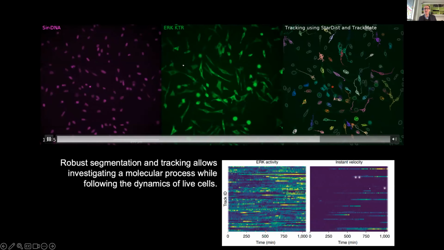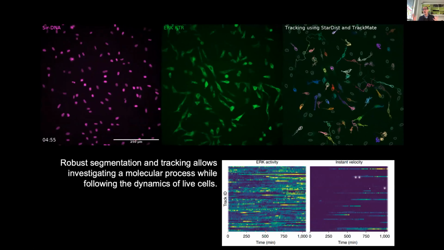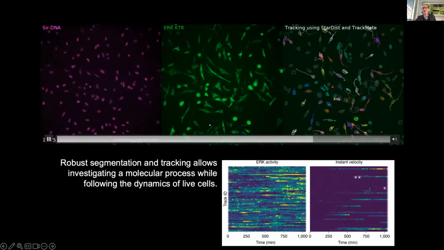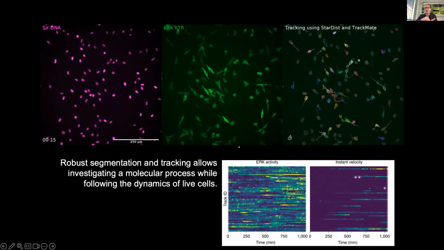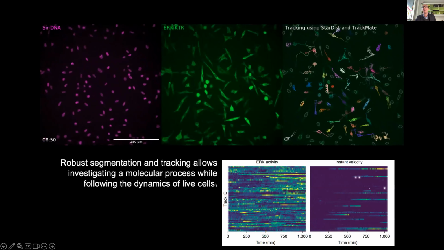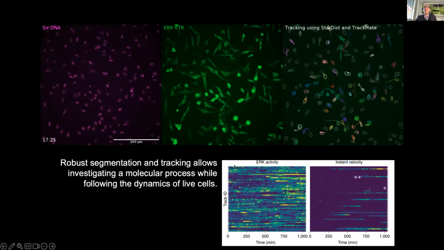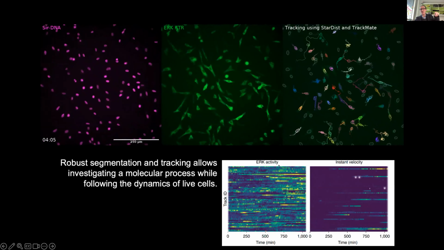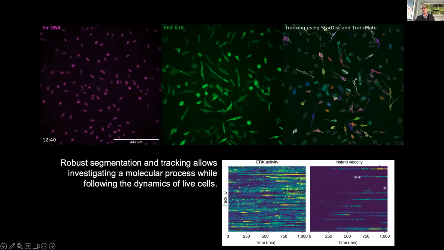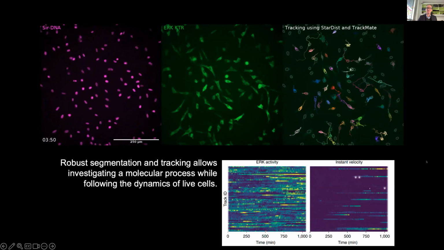It's a very wide signaling protein that has a wide range of roles in migration, apoptosis, mitogenesis, etc. And we were wondering if the instantaneous expression of this reporter was correlated to the dynamics of cells. Once you have the tracks that you see here, you can plot, for one track, the ERK activity, that's the intensity inside the nucleus, and correlate it to the velocity of the cells. And here we find that there's no obvious correlation.